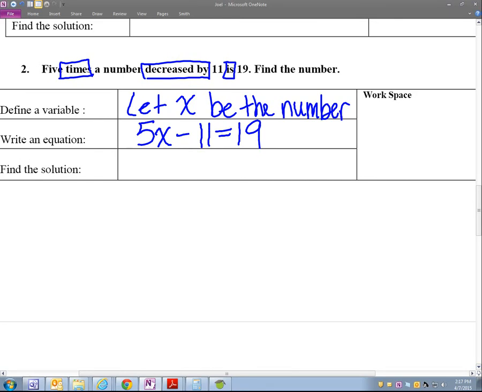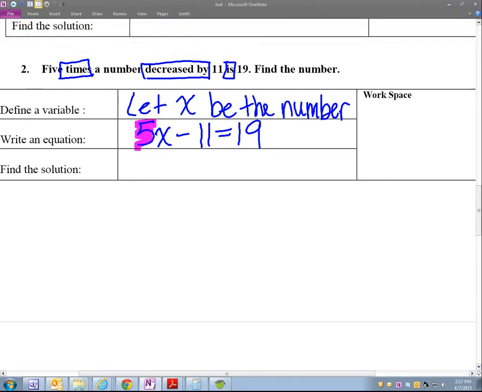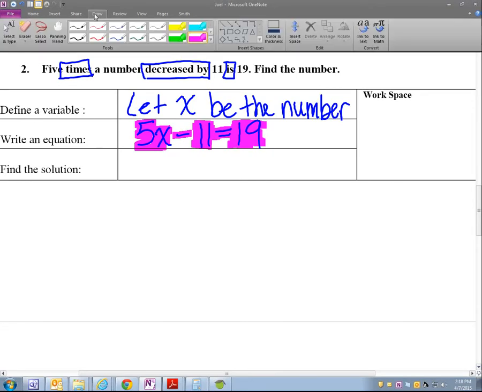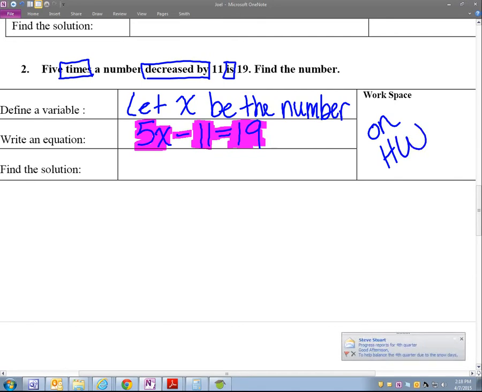So what they said was, if you didn't hear it, 5 times the number decreased by 11 is 19. You said it a little more frequently: 5 times 11. No. 5 times a number. So that's what we found out. And then from there, we're not even going to do that one either, because that one's also on your homework. Why don't you just give us the answer? I gave you the hard part.